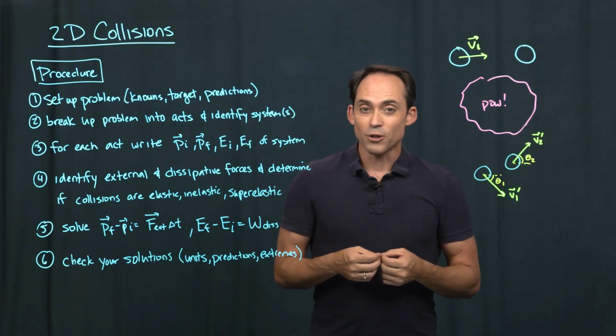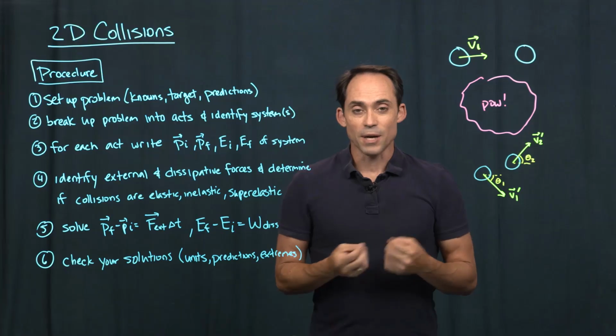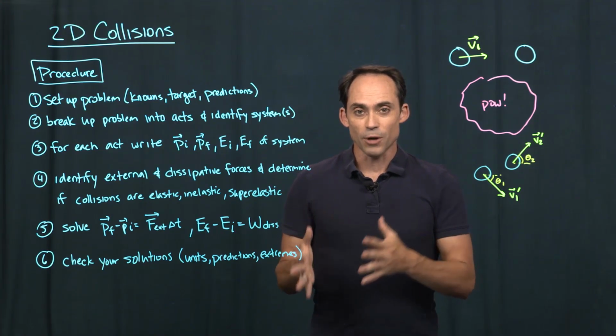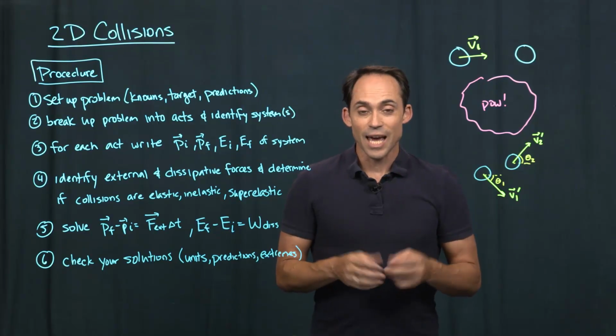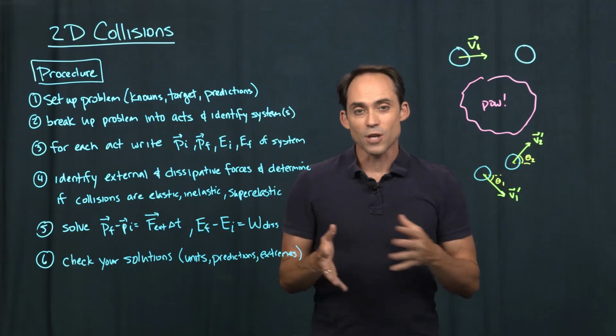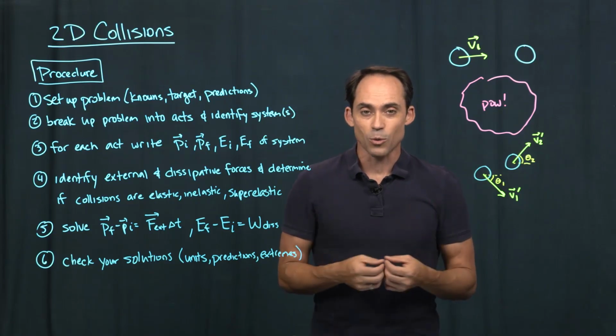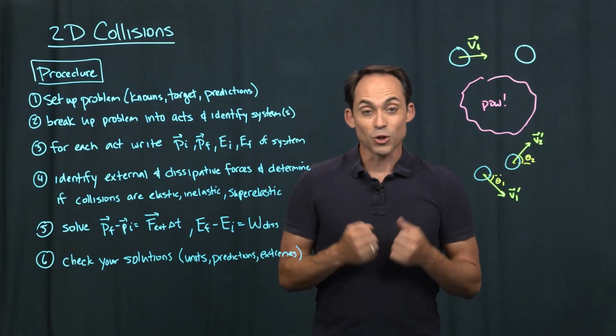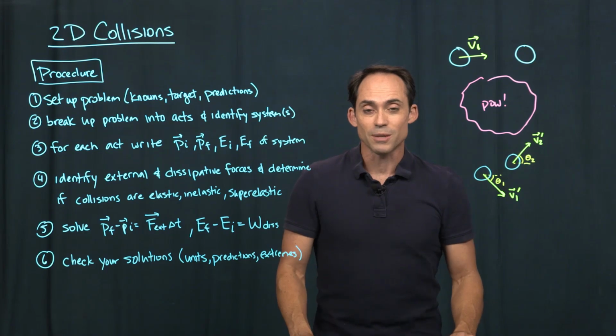In many cases we may have to look at energy, in some cases we may not. It depends on what variables we're given. But in all these cases it's important to look at both the initial and final stages and also break up the rest of the problem into individual acts, because we may use other techniques such as kinematic equations, our force equations, our energy relations in order to solve those as well. So good luck with your 2-dimensional collision problems, and we're going to see more as we get into our homework.